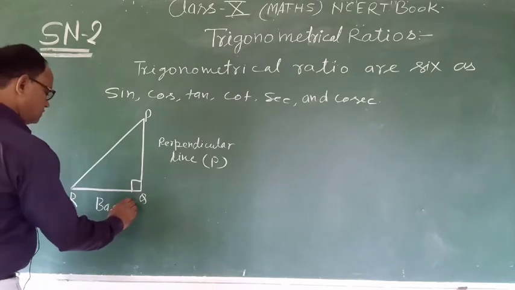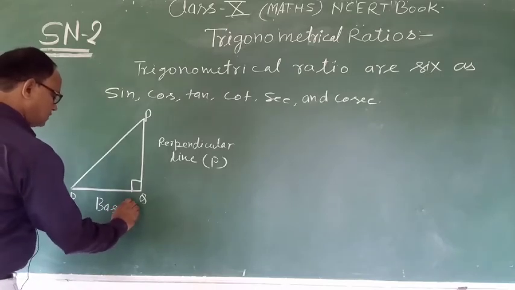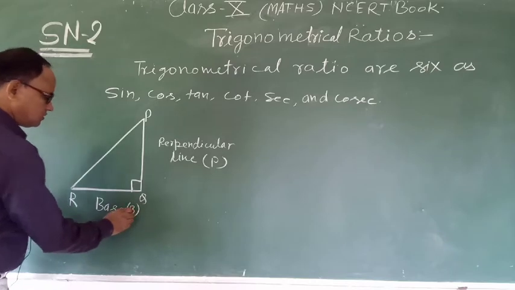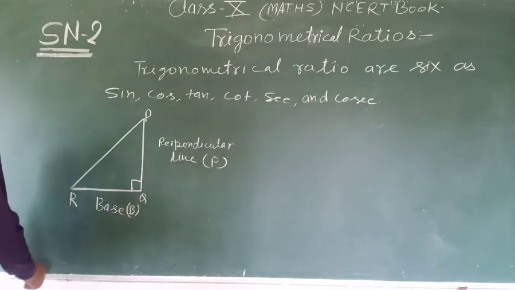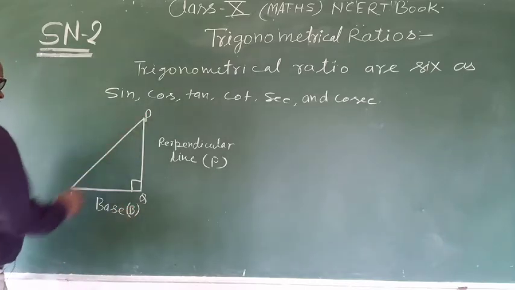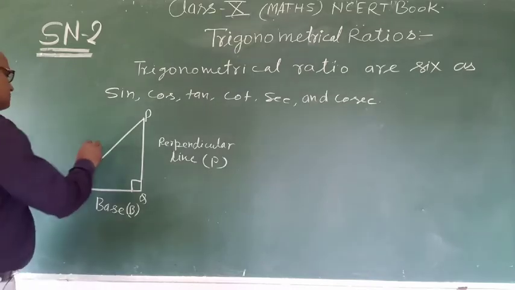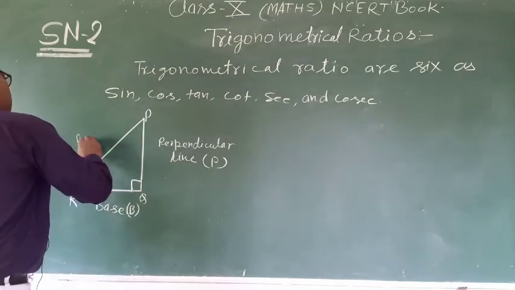You can write it in shortcut B, and PR is the hypotenuse.